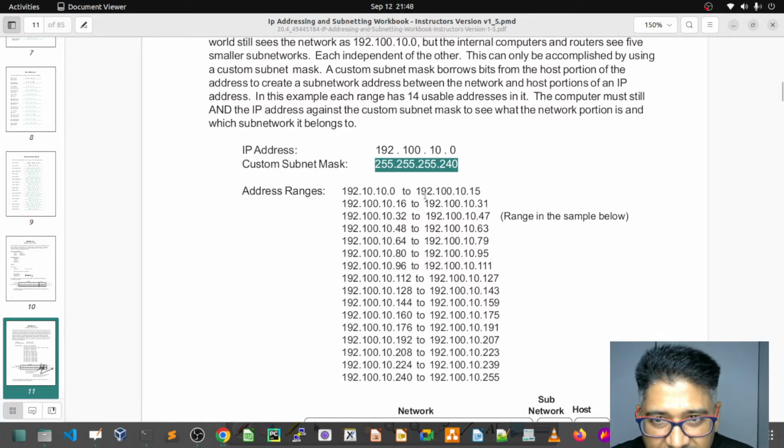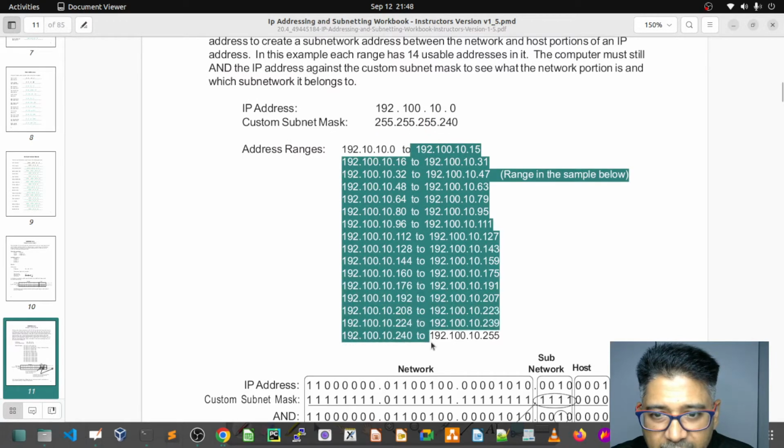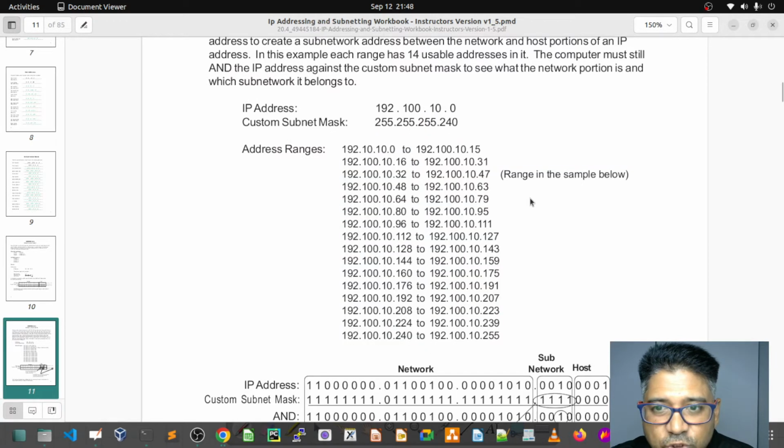This is the range they have given you. This range we are going to receive, and how does the subnet mask belong to this? How? This is how many bits? You remember the subnetting. If you remember from subnetting, you have to calculate that.